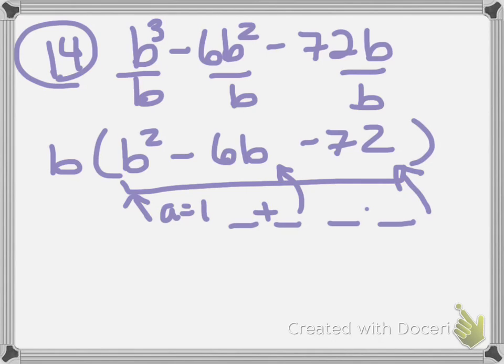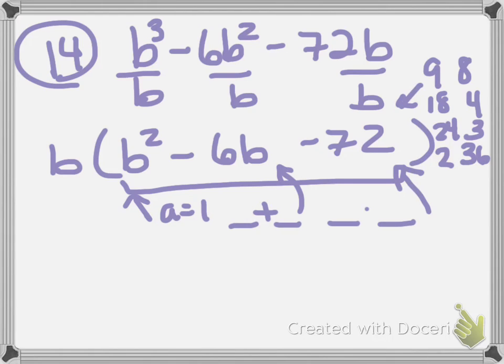Well, 72, 9 and 8. Does 9 and 8 work? 9 and 8 will not work. Let's see, what else? 18 and then 2. I'm sorry, 18 and 4. Does 18 and 4 work? That's not going to work. Let's try 24 and 3. That's not going to work. Let's try 2 and 36.